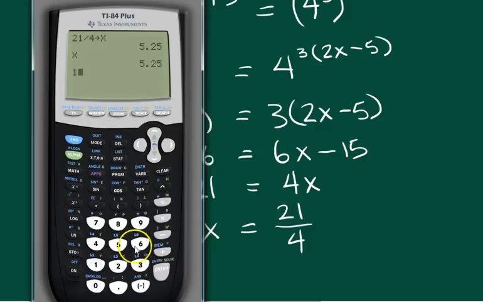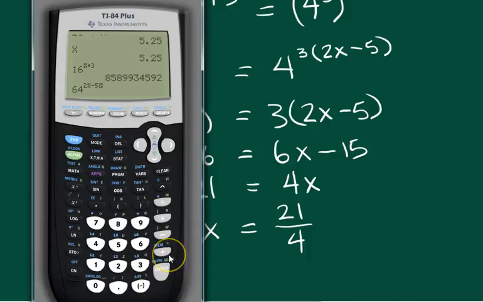Okay, so we had 16 raised to the power x plus 3, raised to the power x plus 3. And I get that colossal number, which I don't think I've ever even seen before. And then the other side of the equation was 64 raised to the power of 2 times the same x minus 5.